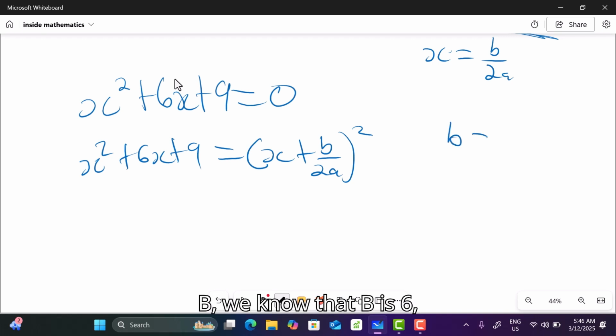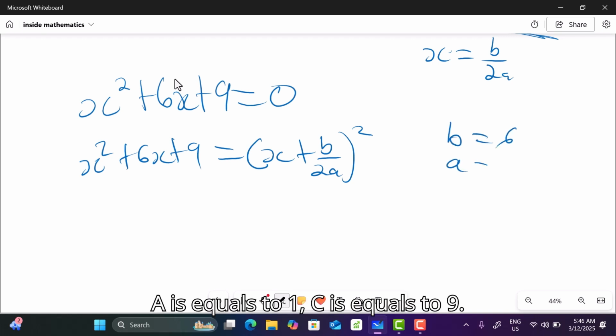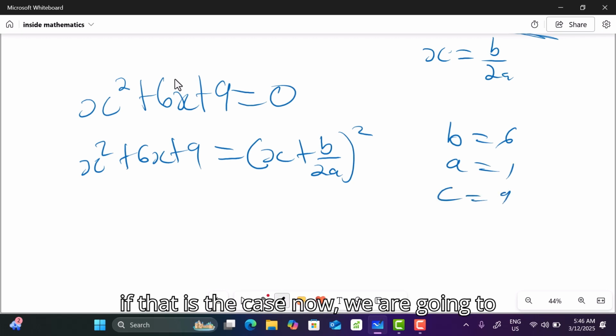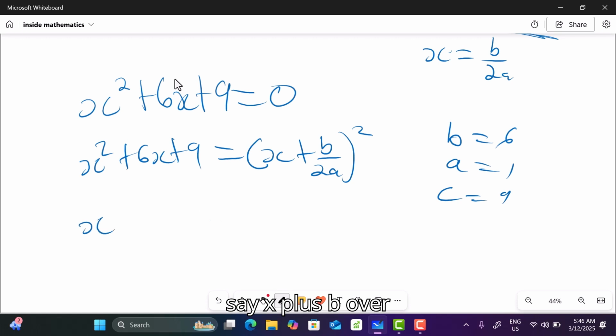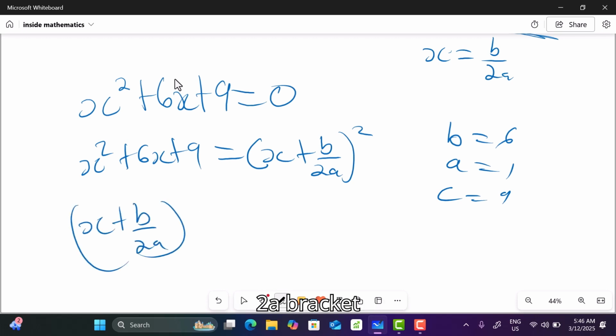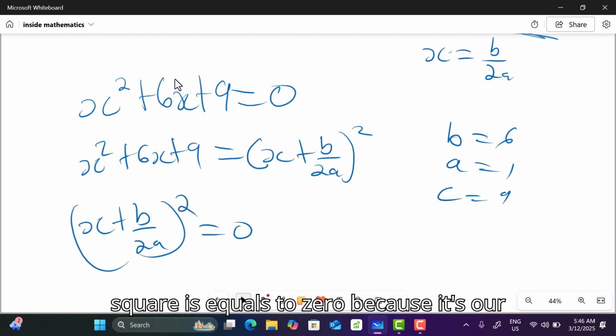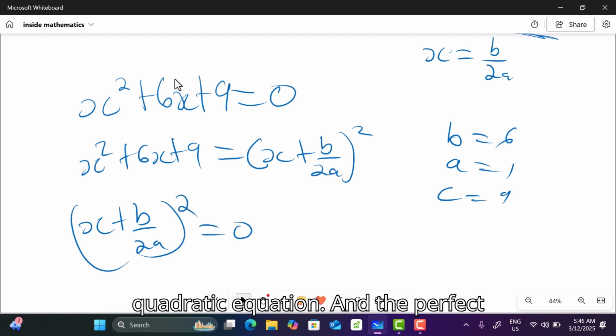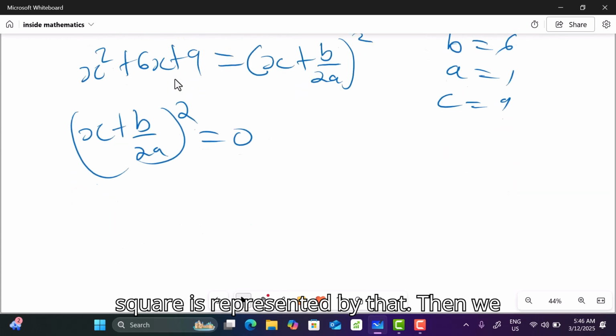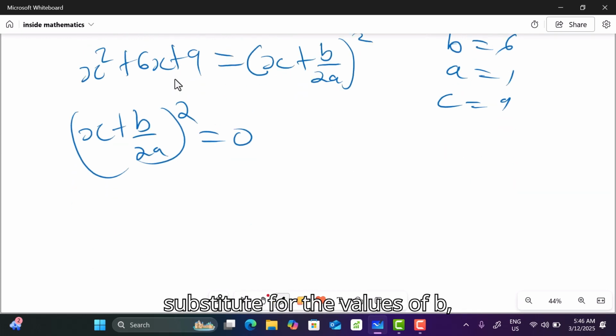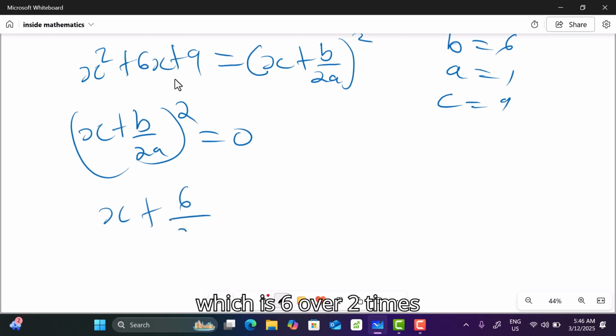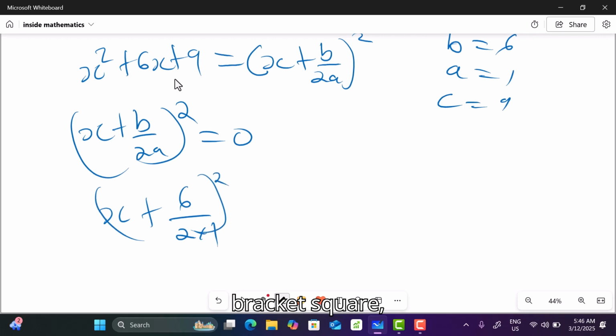We know that b is 6, a is equal to 1, c is equal to 9. So if that is the case, we are going to say x plus b over 2a bracket square is equal to 0, because it's our quadratic equation and the perfect square is represented by that. Then we substitute for the values of b, which is 6 over 2 times 1 bracket square.